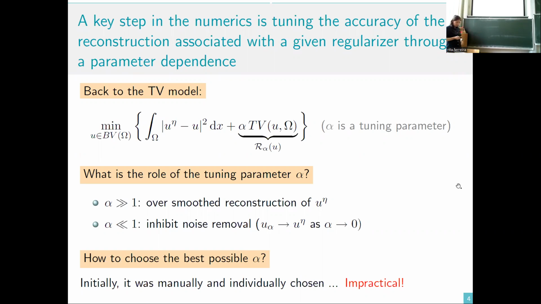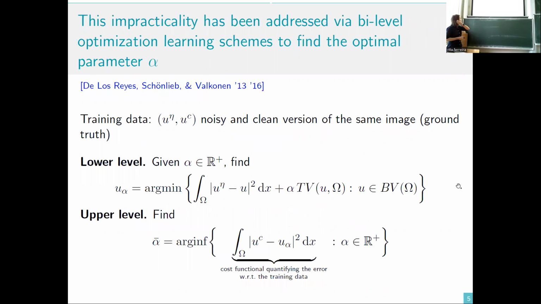This gave rise to bi-level optimization schemes in the flavor of machine learning, to try to find the optimal alpha for a given class of images. And the story goes more or less like this. By the way, these were introduced by the Cambridge group of Schönlieb, Valkonen and others.